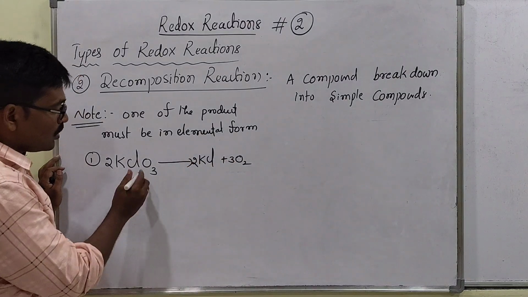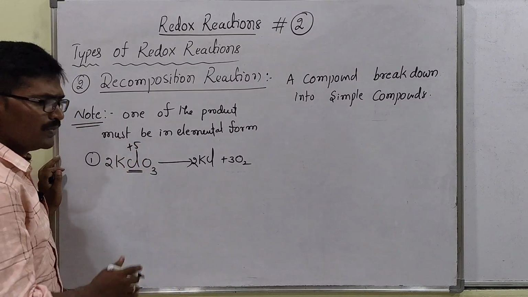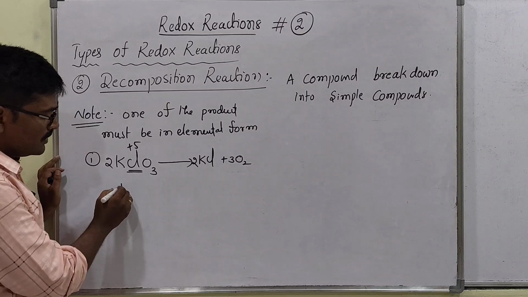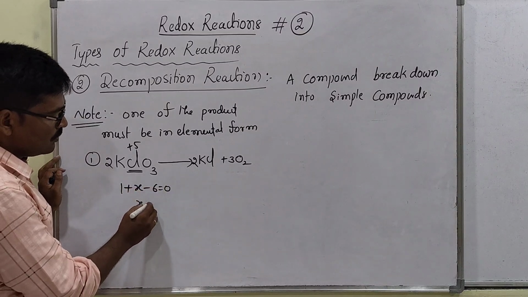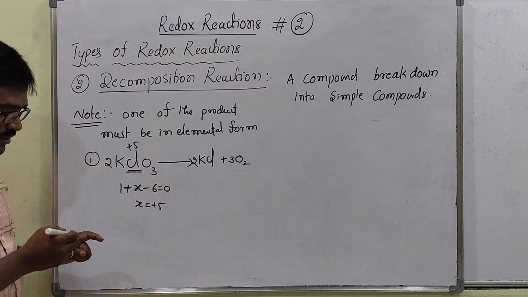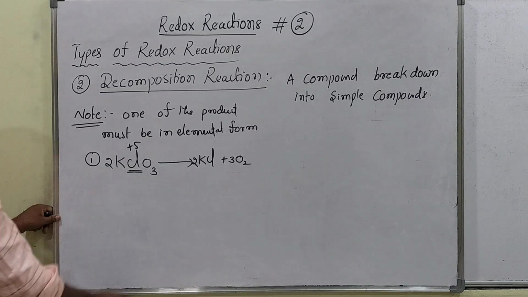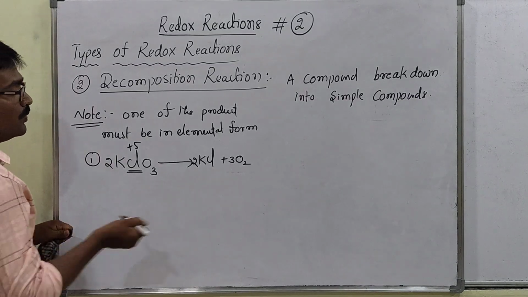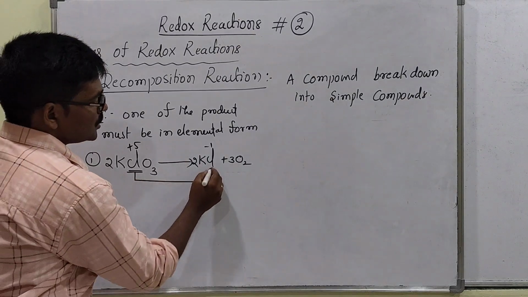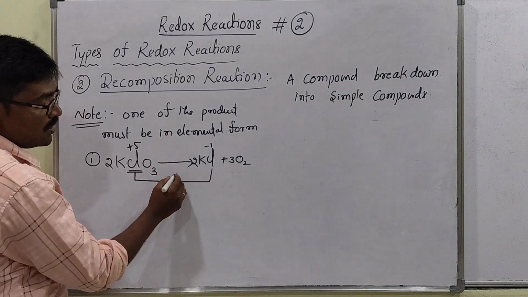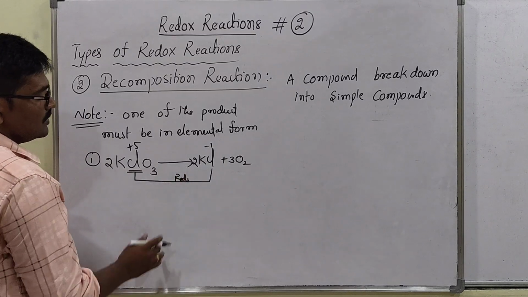So in this reaction, the chlorine oxidation state: potassium is plus 1, then plus X, then minus 6 equals 0, so X equals plus 5. Clear, my dear students? So the chlorine oxidation state is plus 5. Here it is minus 1. Plus 5 to minus 1, the oxidation state decreases, so we call it reduction.